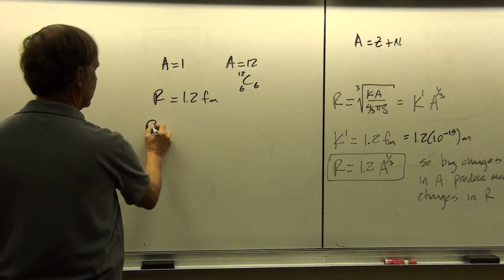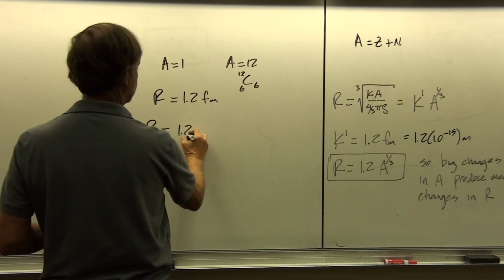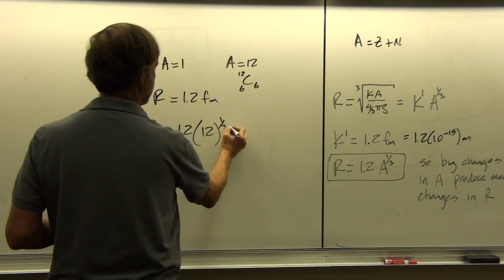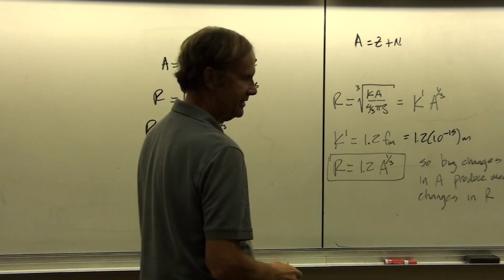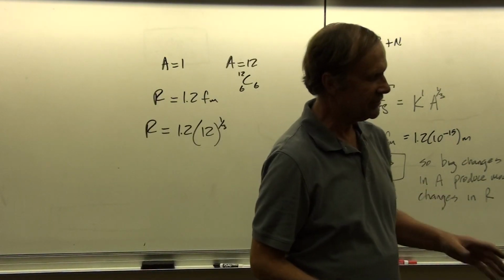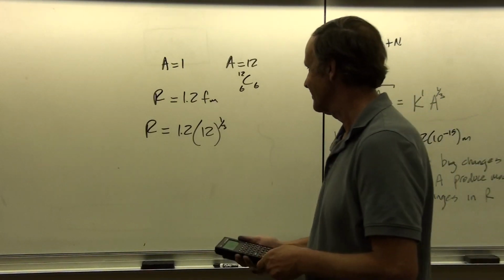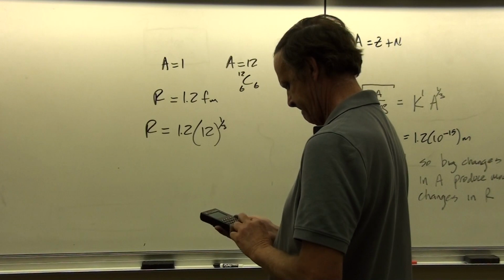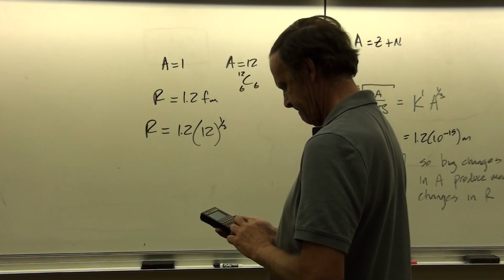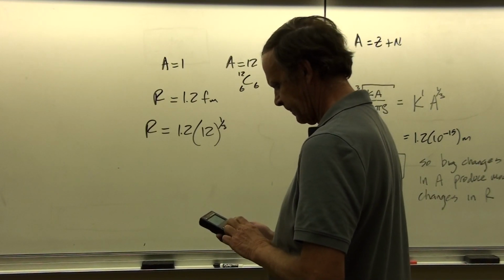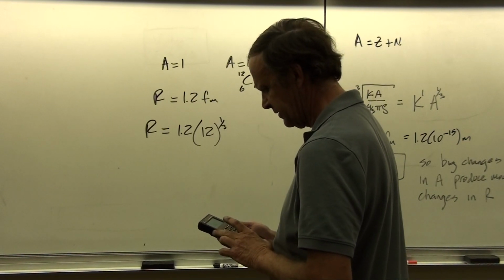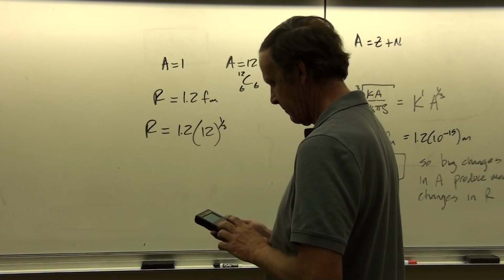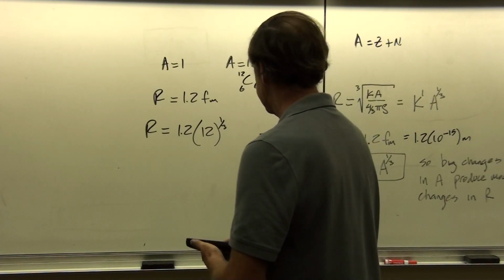Okay, then R would be equal to 1.2 times 12 to the 1/3 power. And so it doesn't grow as fast as you might think it does. 12 to the 1/3 is just 2.28, times 1.2 is 2.74.